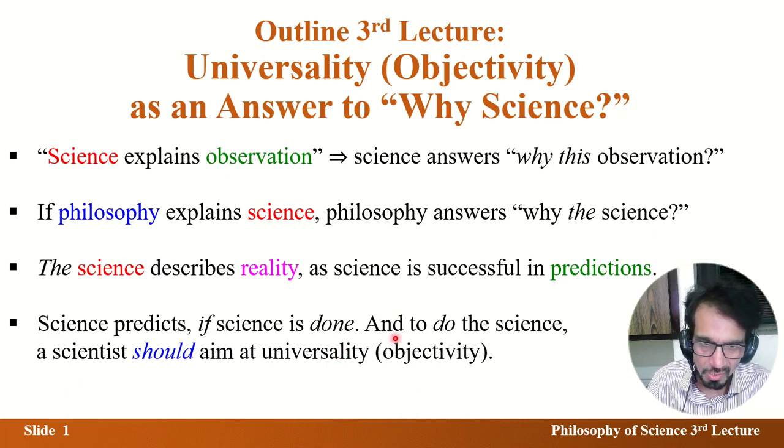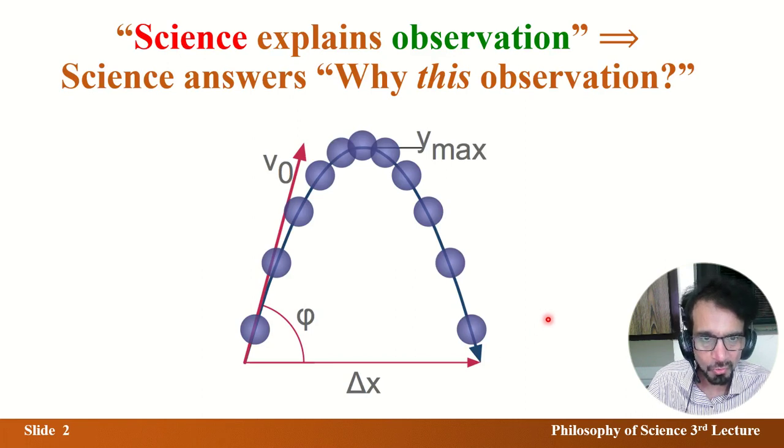To do this activity, because we are instructing a person, we should say scientists should aim at universality or objectivity. That's the second aim of the lecture: to introduce this famous word, objectivity. So these are the aims of the initial introduction, and then I go into the actual content.